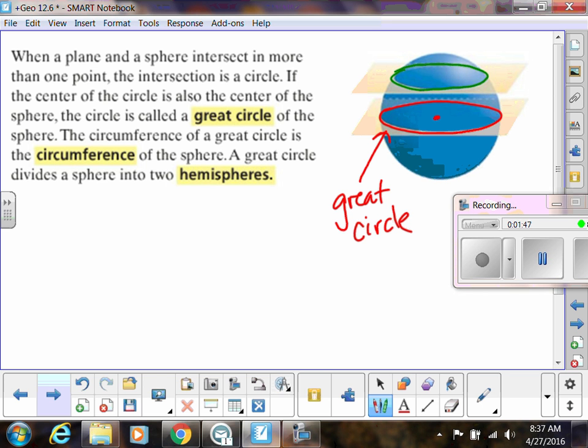So you see how this plane is cutting right through the middle. The great circle is like your equator, if you think about the Earth, and it divides the sphere into two congruent hemispheres. The circumference of the great circle is also what we consider the circumference of the sphere. Okay, so keep that in mind too.